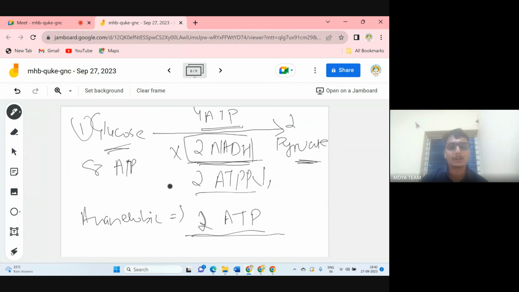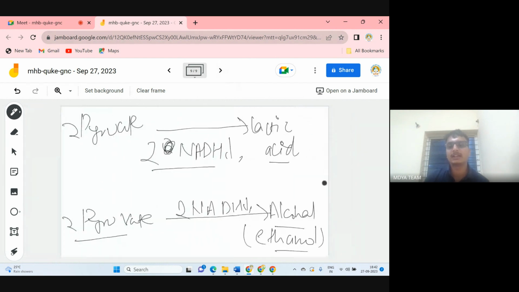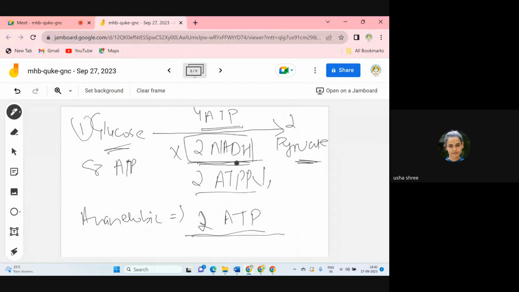But in anaerobic respiration, we are not capable of using these two NADH because we don't have oxygen. Our body uses these two NADH in producing lactic acid, and in yeast, these two NADH are used in producing alcohol. So of the 4 ATP molecules produced, 2 are used and 2 are left.